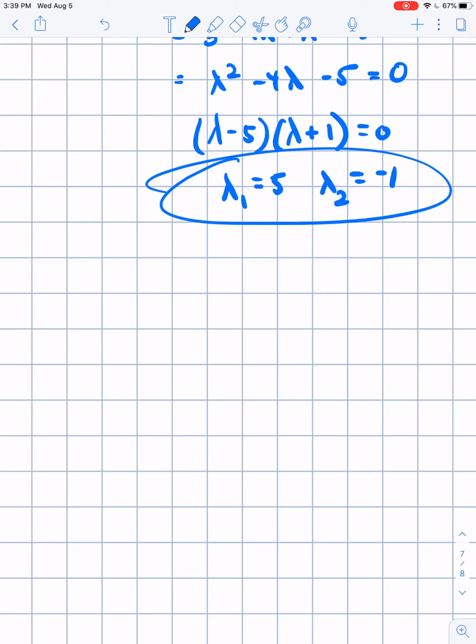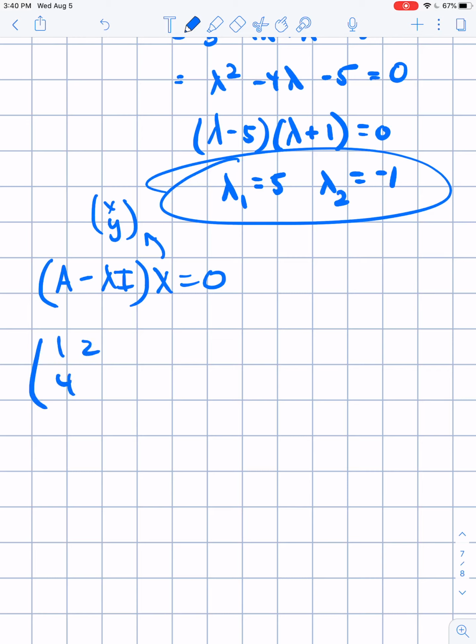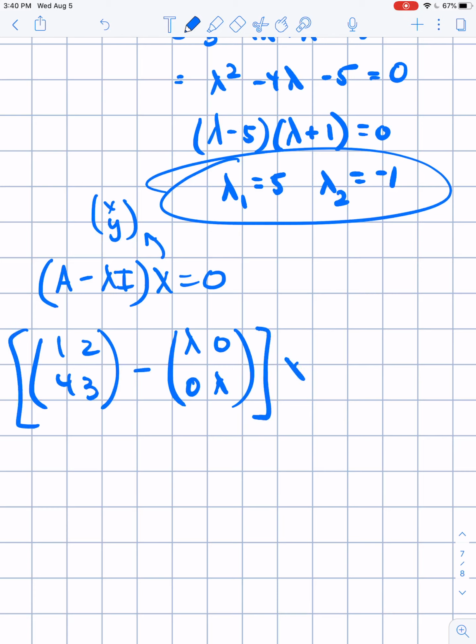We're going to say, okay, I want to find A minus that lambda I of x, and I'm going to set that to 0. So remember that in this situation, x is going to be that x, y. So here I'm going to have 1, 2, 4, 3, because that's my A, minus, well, we know lambda I was just lambda 0, 0, lambda. And then we're multiplying that by x, which is just x, y. And we're setting that to 0.